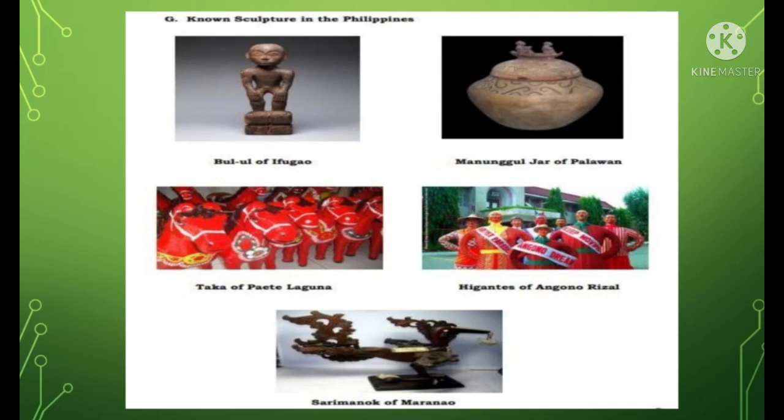Taka of Paete, Laguna. Yung mga horse, ginagawa nila yan. Tinitinda rin during Christmas days. Higante of Angono, Rizal. Ginagawang mga manikin. Sarimanok of Maranao. Mga sample ng sculpture. Okay?